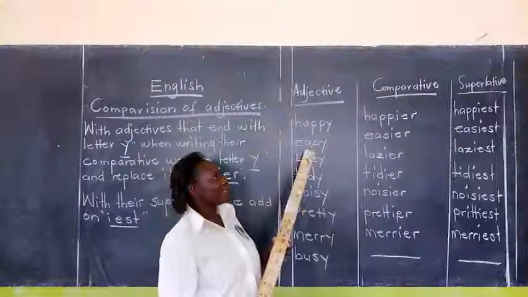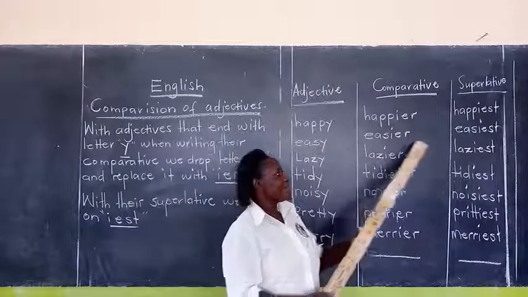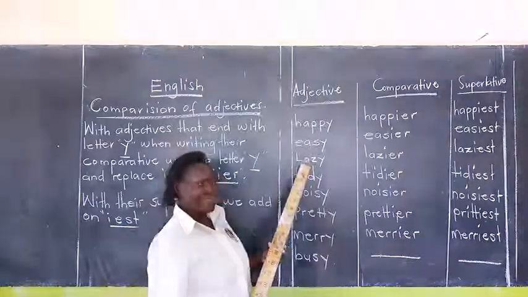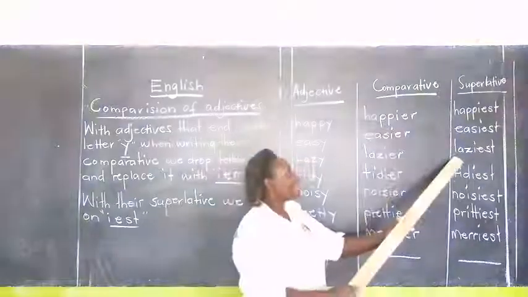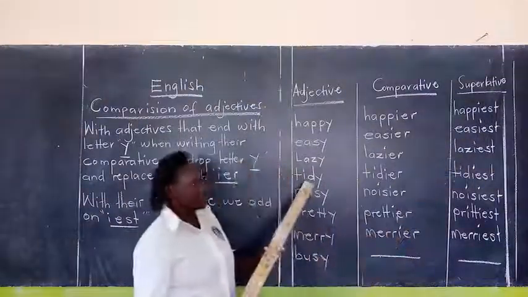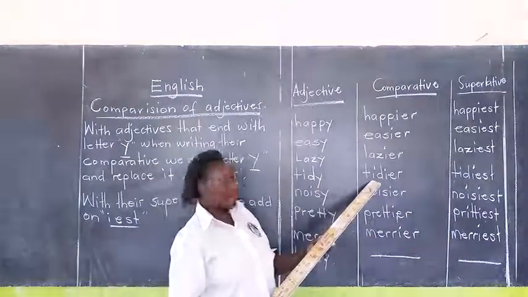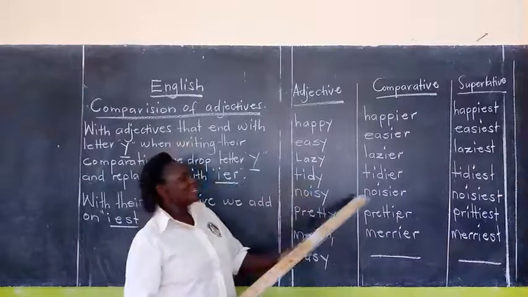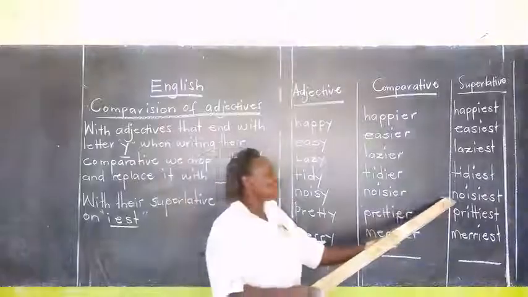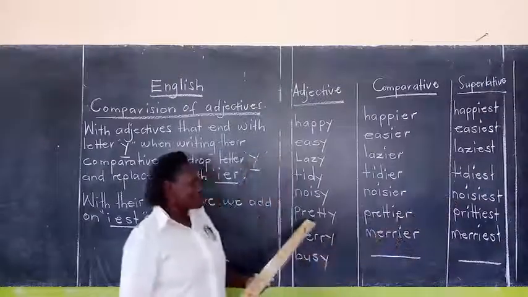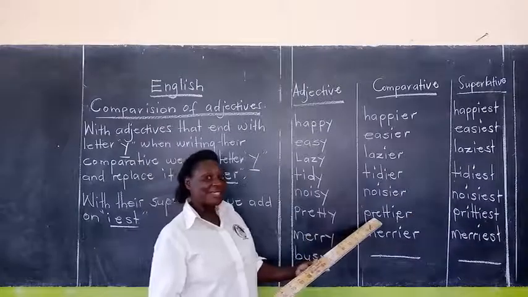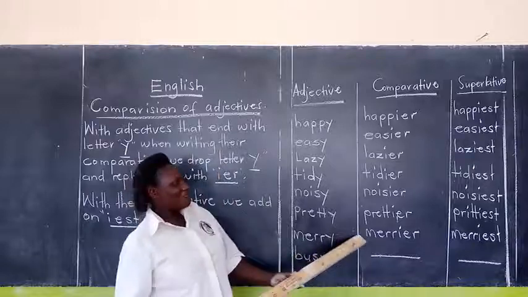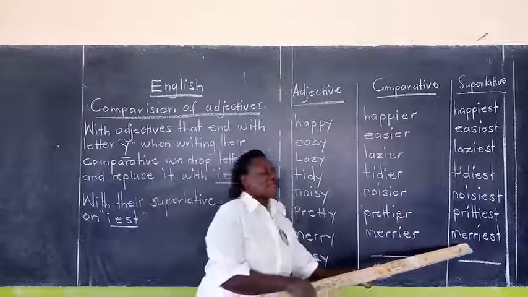We have easy, easier, easiest. Lazy, lazier, laziest. Tidy, tidier, tidiest. Noisy, noisier, noisiest. Pretty, prettier, prettiest. Merry, merrier, merriest.